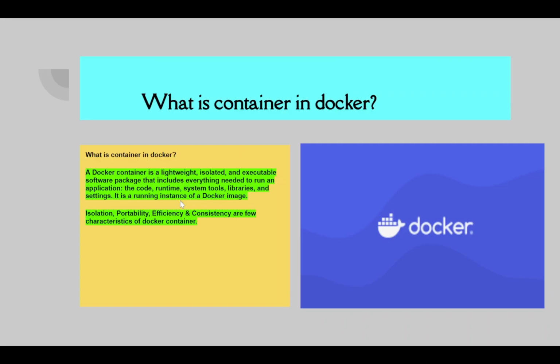Suppose I developed an application, I have one image, and when I deploy that application in dev, testing, and production, I'll have three different Docker containers. Image will be one, containers can be many for different environments.